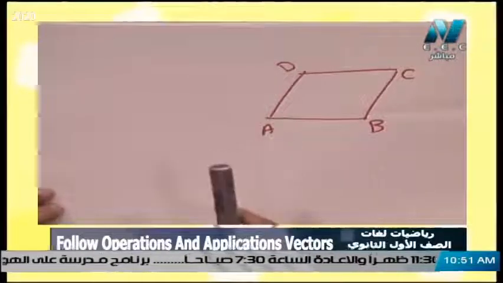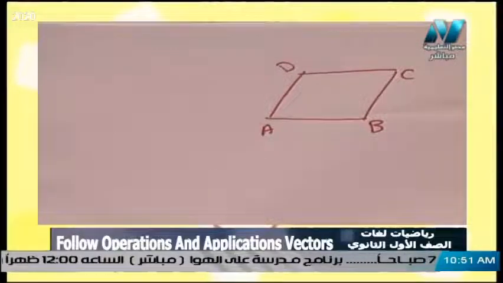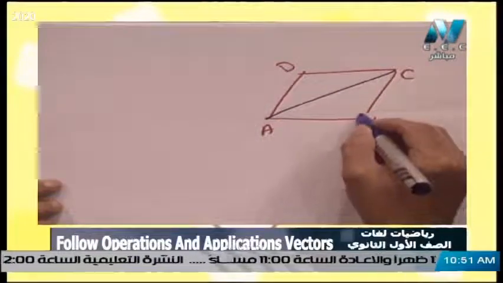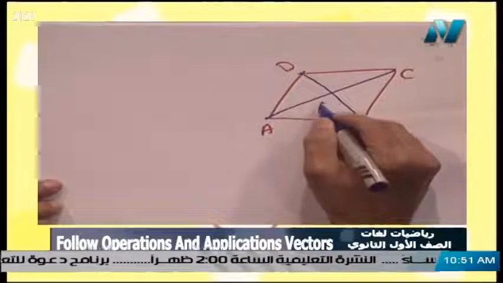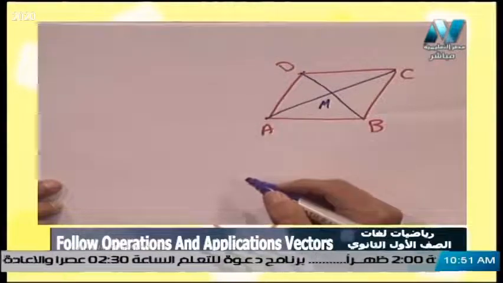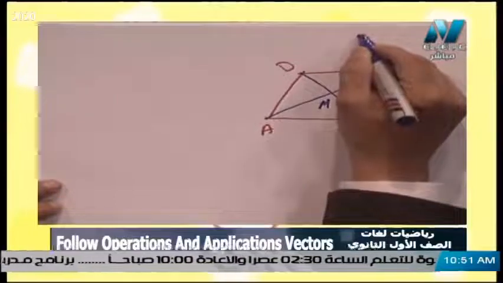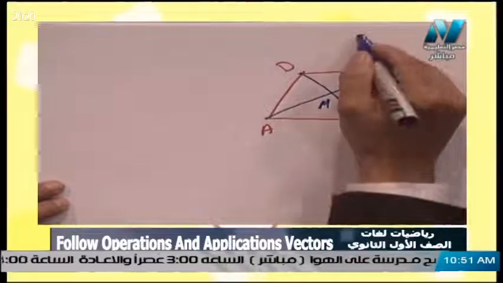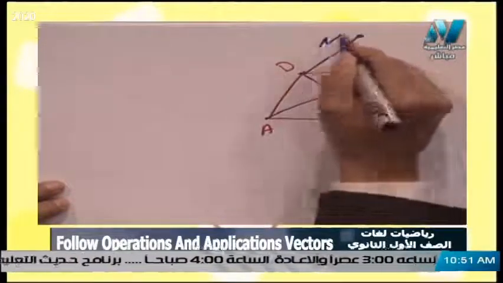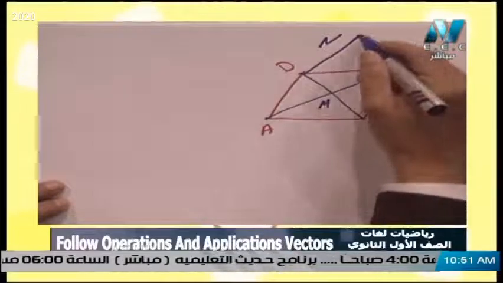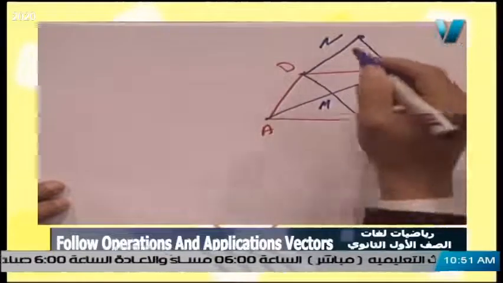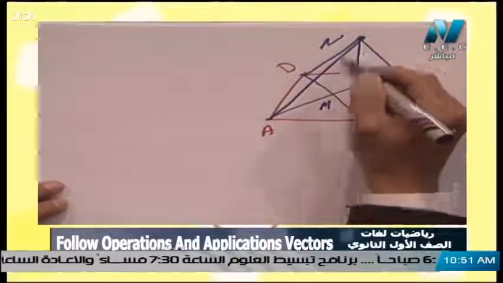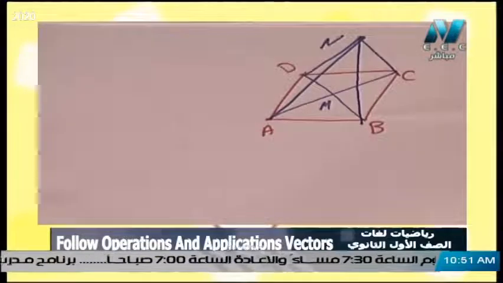So we have a parallelogram here, A, B, C, D, and we have also CA and BD intersecting at M. They are diagonals, and we have N, a point in the plane of the parallelogram. We have ND and NC, NA, NB, and finally NM.